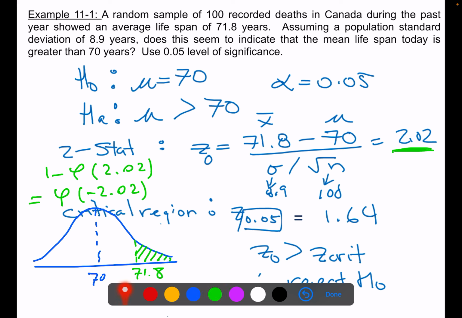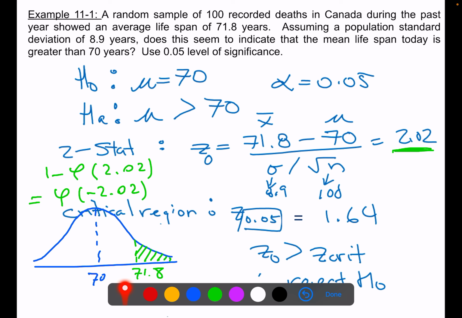But I can't do this with the chi-squared distribution, because chi-squared is not symmetric. Any other questions?